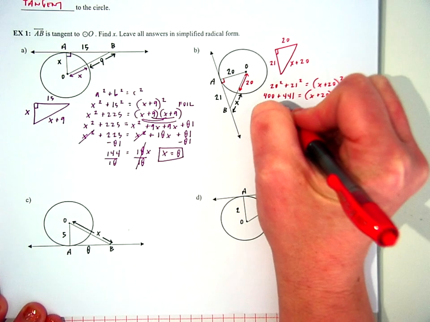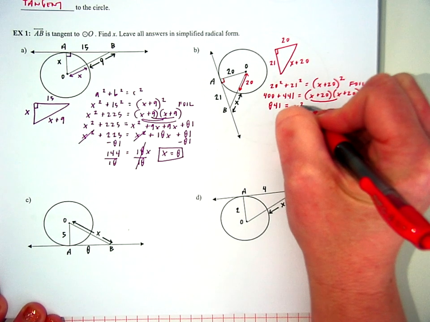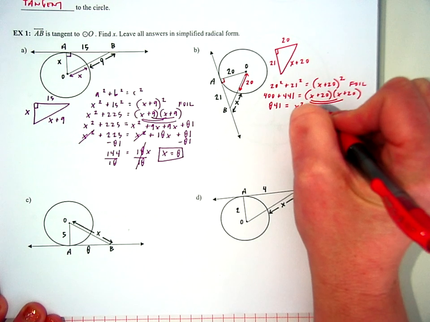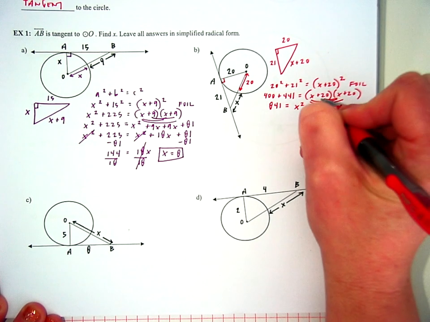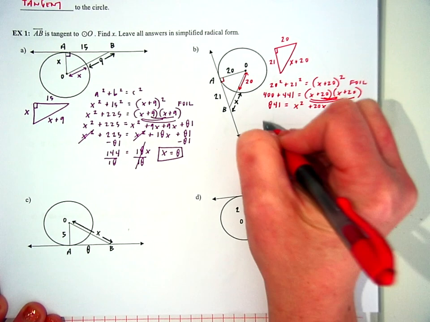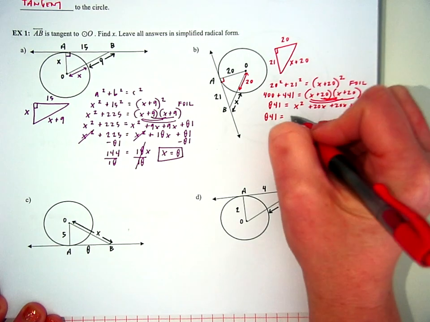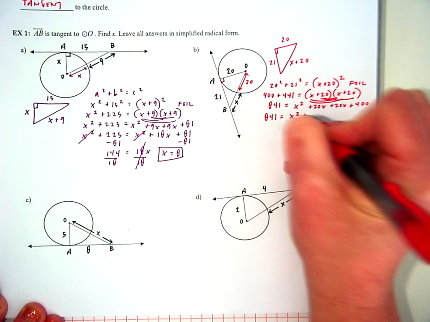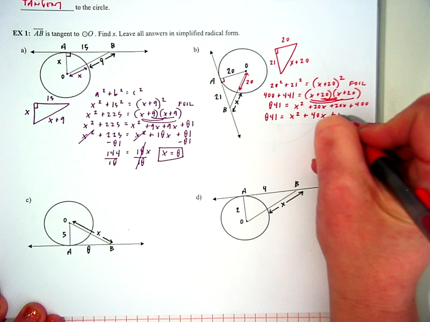I get 841 is equal to my first x squared, my outer plus 20x, my inner plus 20x, and then my last plus 400. Okay, again, I'm just going to combine my like terms. So I still have 841 is equal to x squared plus 40x plus 400.